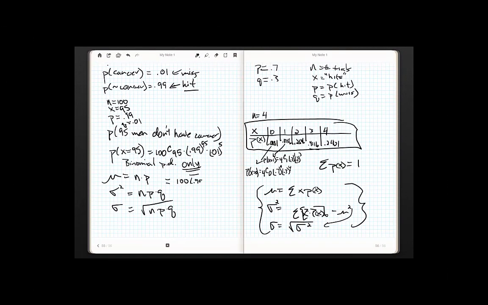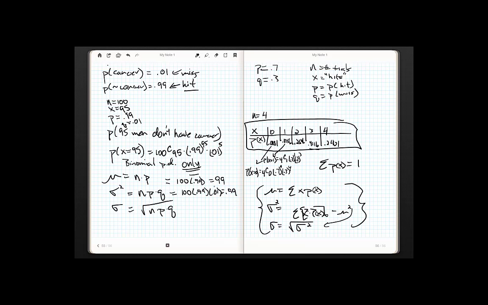You probably can tell that if the probability of not having cancer is 99% and there are 100 people, we can expect that 99 out of those 100, on average, aren't going to have cancer. The variance is 100 times 0.99 times 0.01, which in this case is 0.99, right?